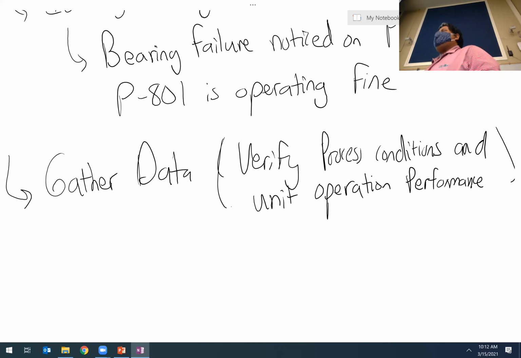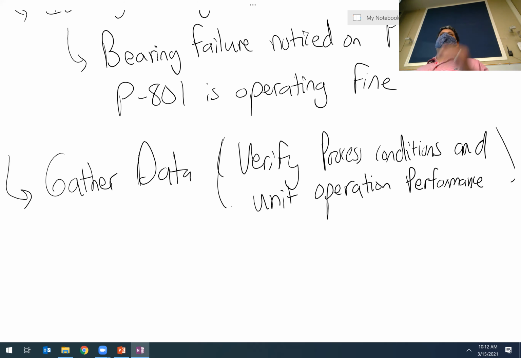All right, so what information may you want to check? What may we want to know for the system? Well, since you're working with the pump, make sure that the pressures haven't changed greatly based on what they were before.